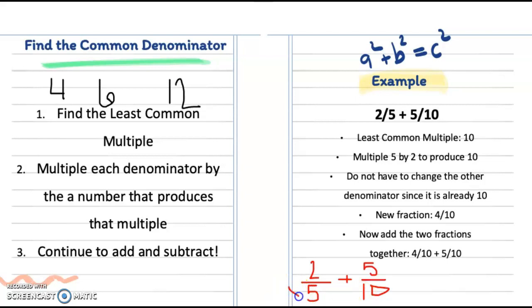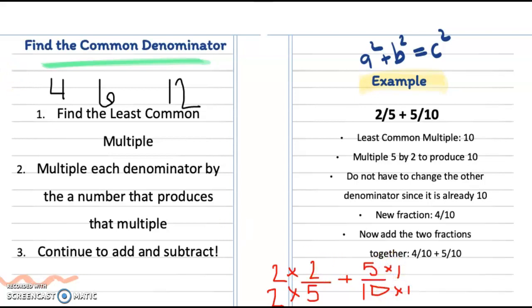So we have to multiply 5 by 2 to get 10, and whatever we do to the bottom, we have to do to the top as well. So we have to multiply 2 by 2. And when we look at this fraction, we see that 10 is already there, so we don't have to multiply it by anything. If you would like to, you can multiply it by 1, just so you know that it stays the same.